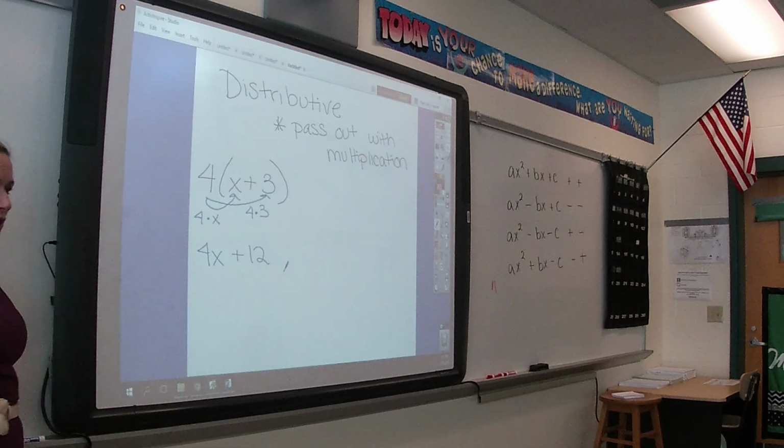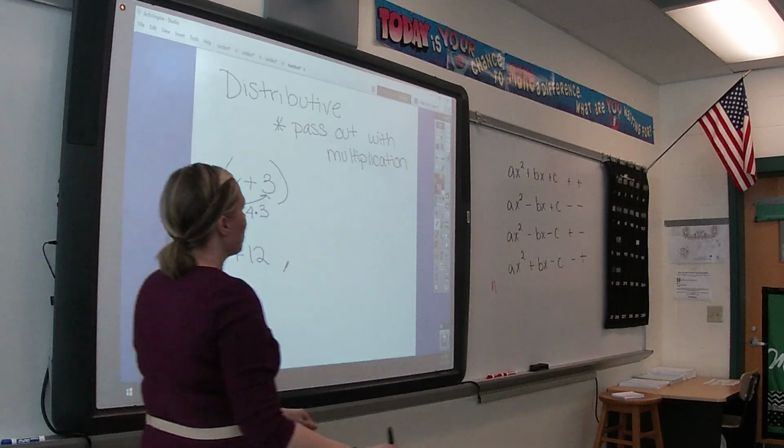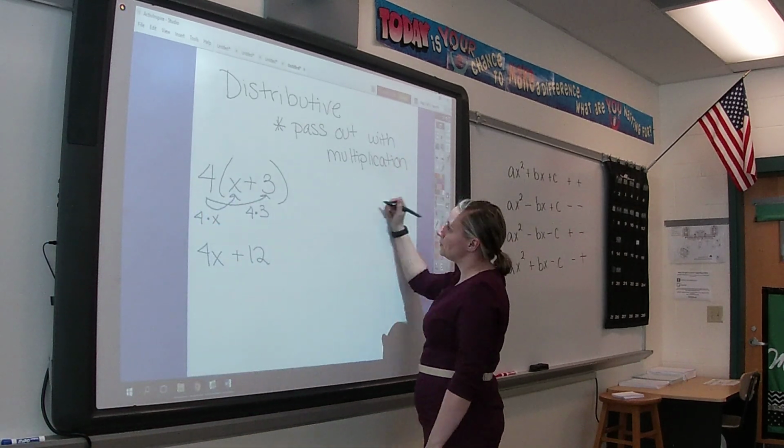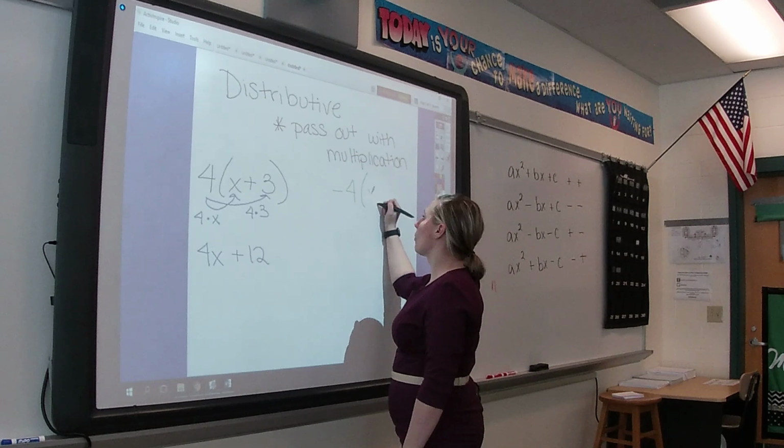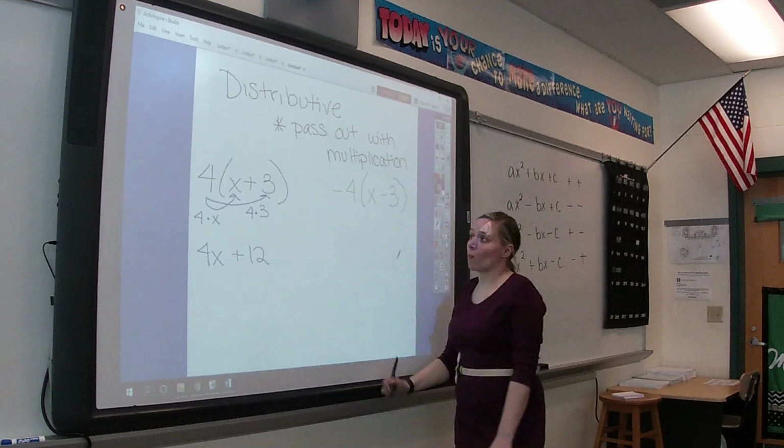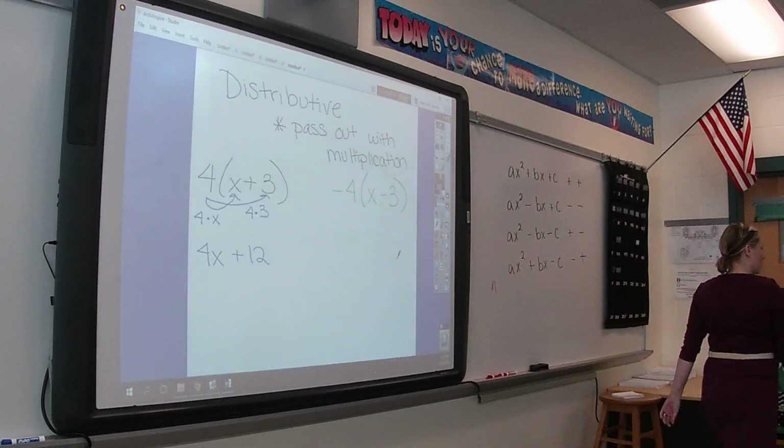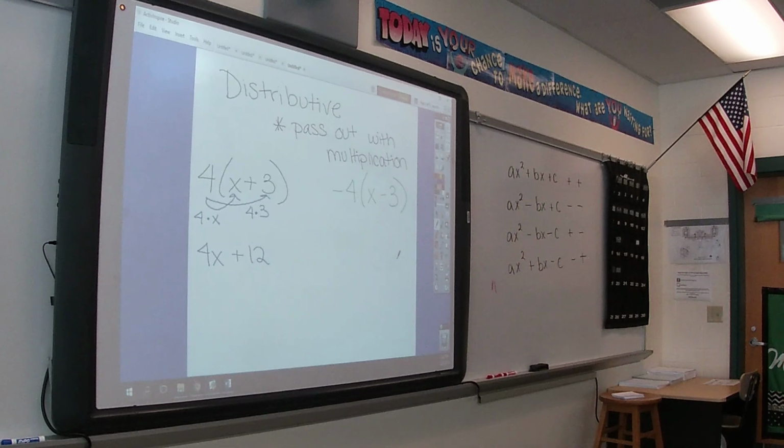And I get 4x plus 12. My students say, no problem, that one's fine. But as soon as negatives come into play and we have to consider signs, my students tend to have a little bit more of a problem.